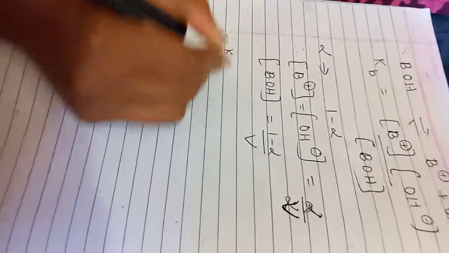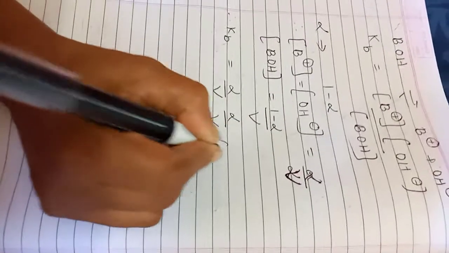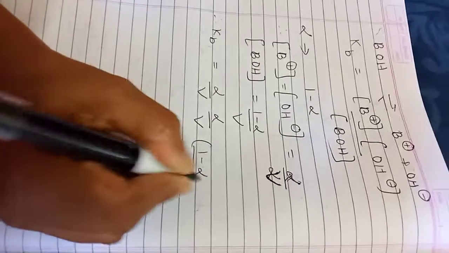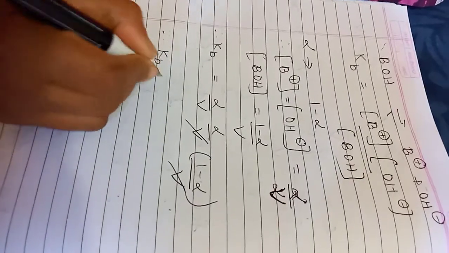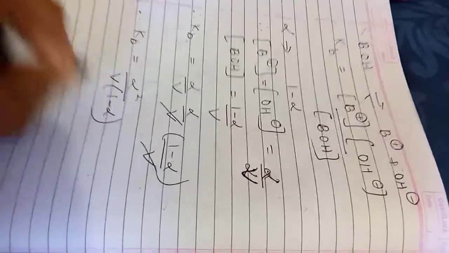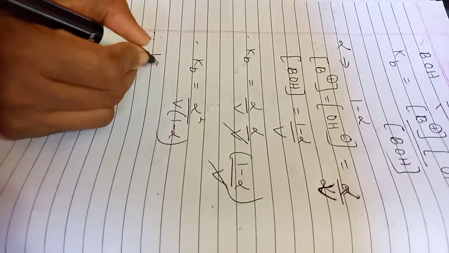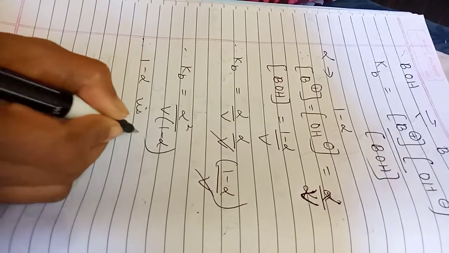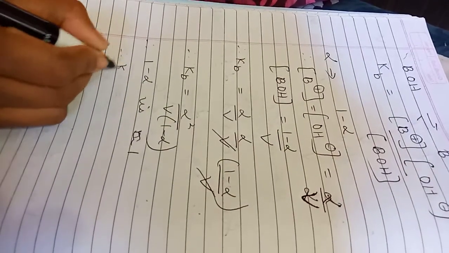Therefore Kb is equal to what? Alpha by V times alpha by V divided by 1 minus alpha by V. Cancel. Same story. Alpha square divided by V into 1 minus alpha. So in that case also, if 1 minus alpha is considered to be approximately equal to 1, what will be your Kb?